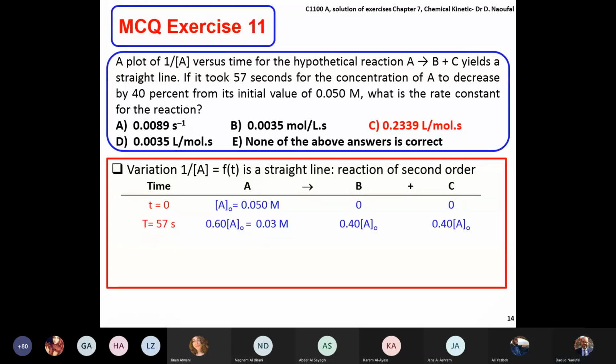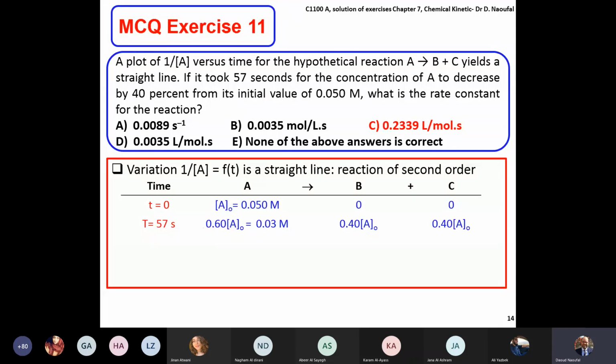Why do I construct this table? What is the strategy? To find K, I have two methods: either the relation with t half, or the integrated rate law.